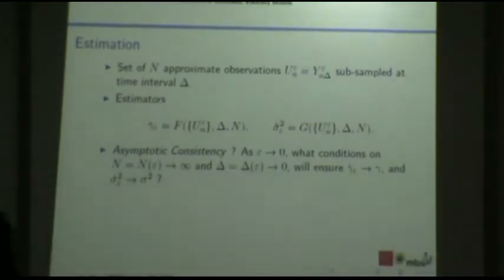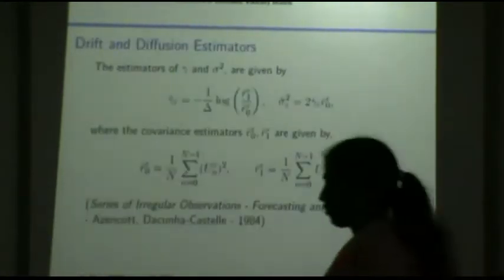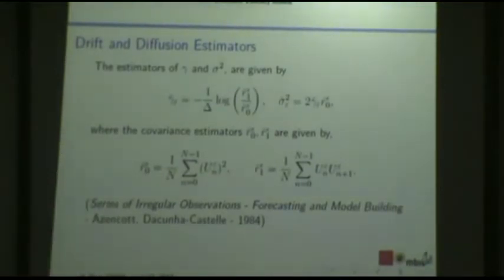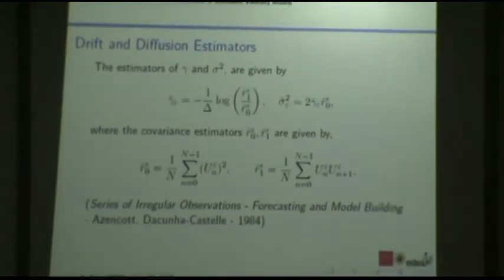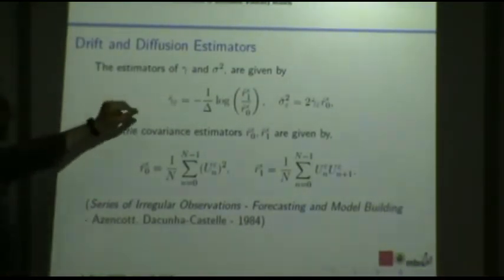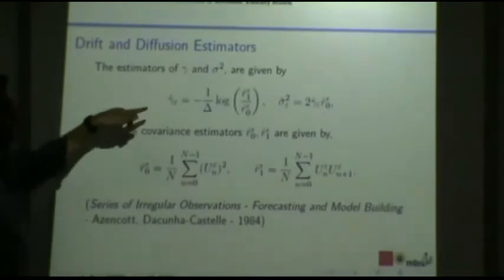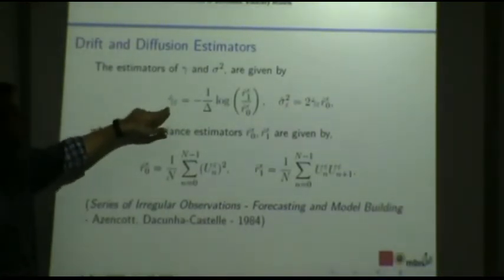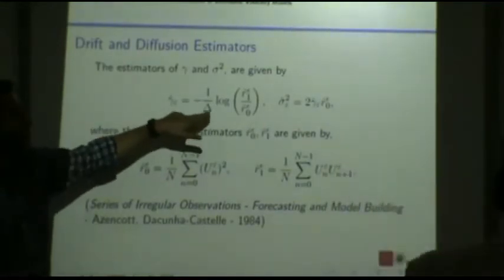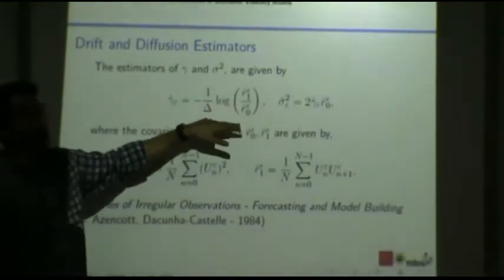Of course, the general framework answers that. Here, we can do a little bit more. The general framework gives us the upper bounds on those norms, but here we can exactly compute. Just to go a little bit deeper into the expressions here: the estimator for the lambda parameter is negative 1 over delta log of R1 by R0.